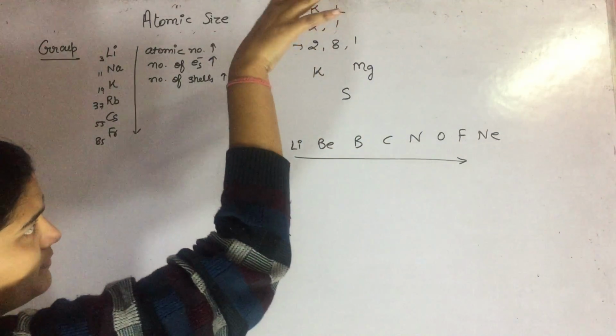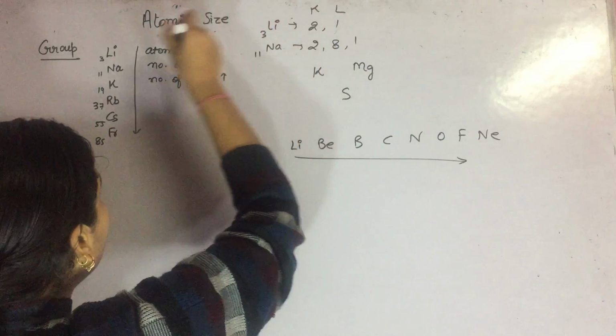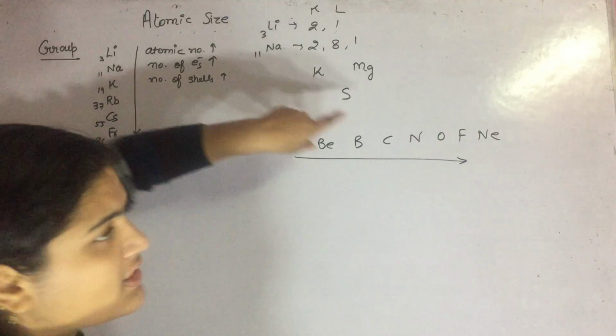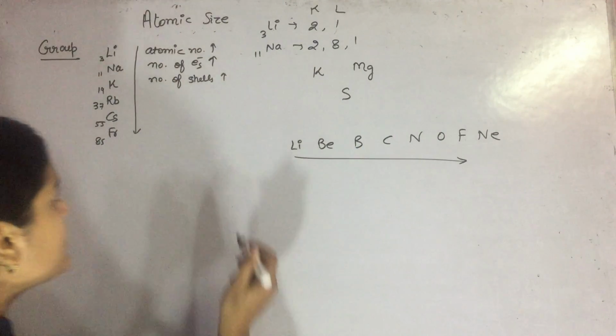Potassium and so on. So you can see that the first element has 2 shells, then 3 shells, then the shells keep increasing.